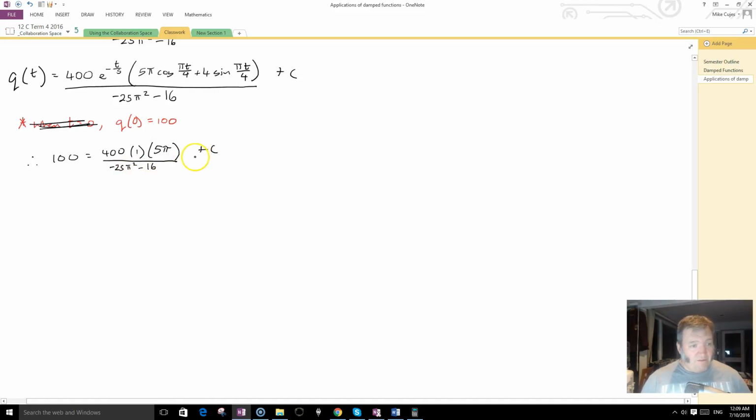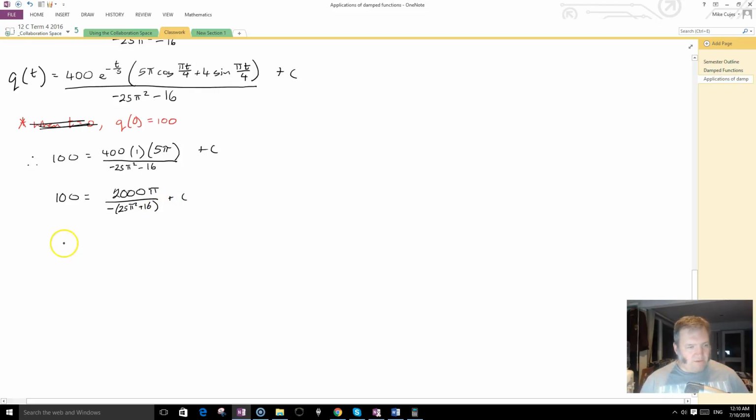Okay, so what's c going to equal? Well, an easy way to do this, if I factor out that negative from the bottom, I'm going to have, what have I got on the top? 2000 pi, and this is going to be negative 25 pi squared plus 16 if I factor out that negative, plus c.